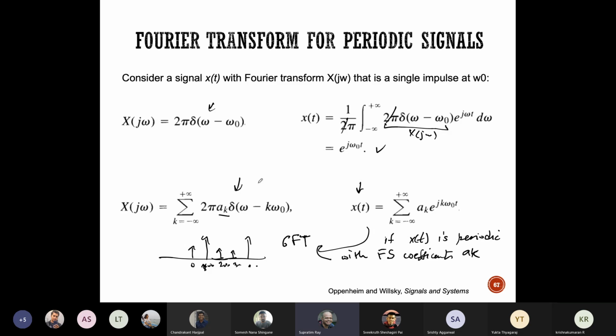Okay, does that make sense? This is actually very handy for us to get the Fourier transform of one very important function, which I'm going to talk about next.